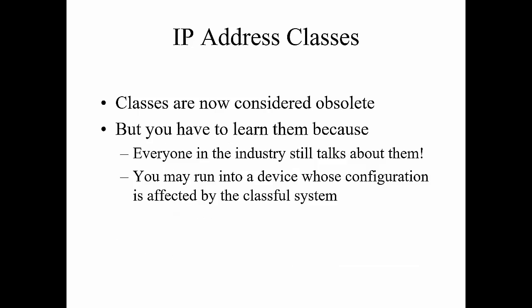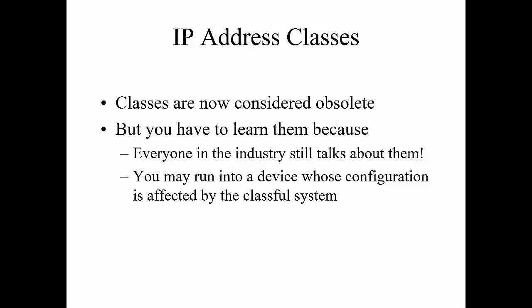Okay, so moving on, let's talk about IP classes. IP classes were considered obsolete because they predefined that subnetwork, and that doesn't really work. Sadly, you have to know them because most people in the industry still talk about them.